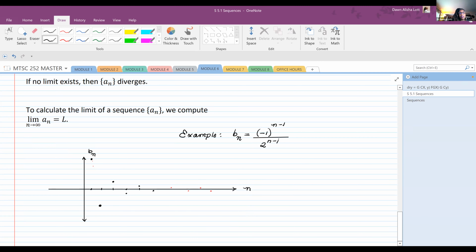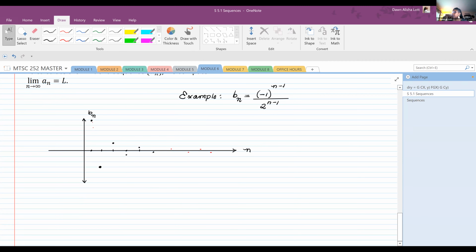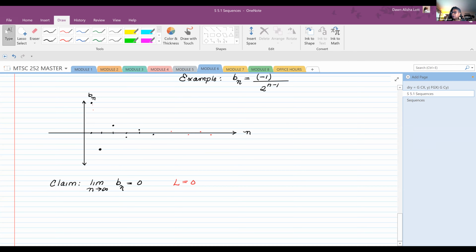So what the definition of the limit existing actually means: for this, we claim that the limit as n approaches infinity of b_n is equal to 0. Then our L, which is the limit, is 0.